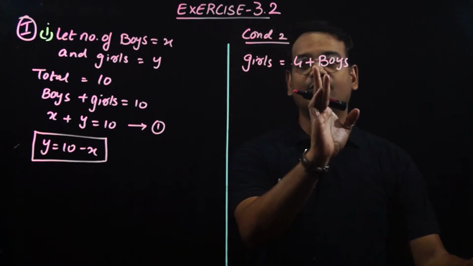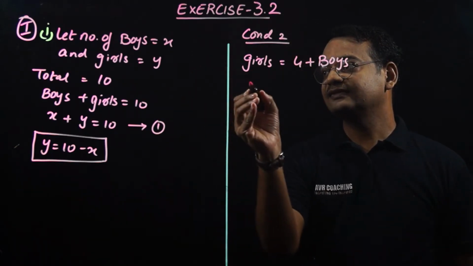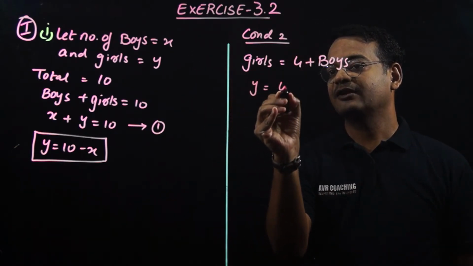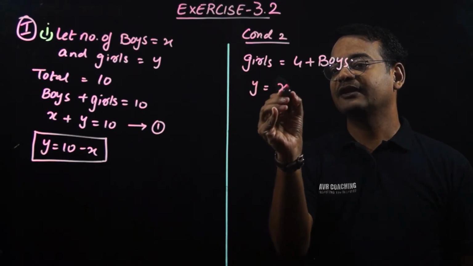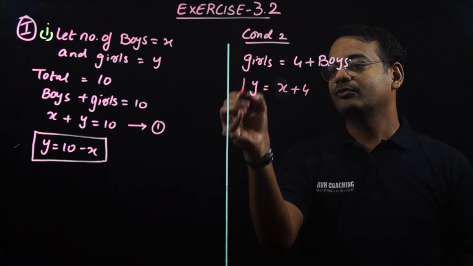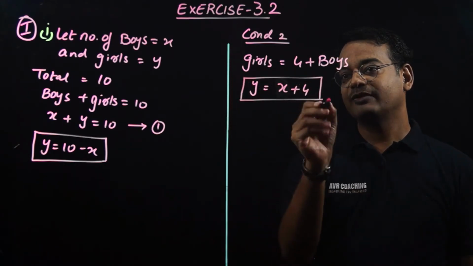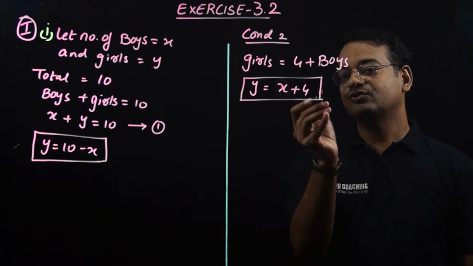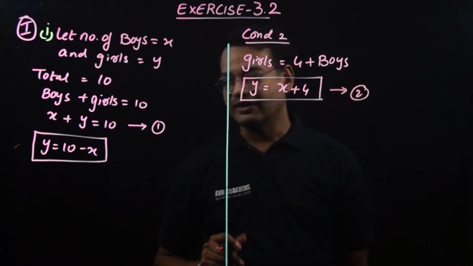So the number of boys plus 4 will give you the number of girls. So the number of girls is y and this will be equal to 4 plus x, or we can write it as x plus 4. Now we got the equation for this. This can be written as equation 2.